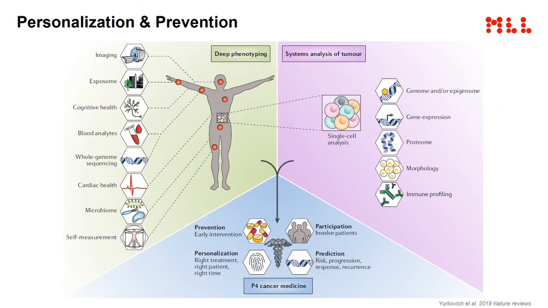We also would like to know about prevention, because we have so much information right now in the system. We have information on the tumor as well, and then we want to ask patients to be involved in those studies for prevention, for personalized medicine, and also for prediction, the P4 in cancer medicine.